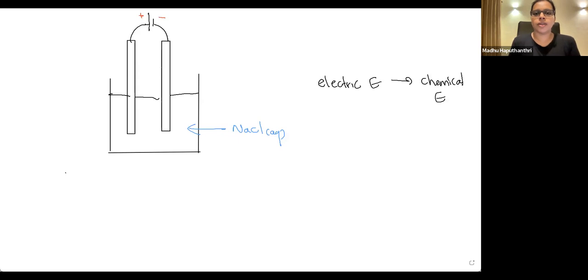Now, when it comes to chemistry, we have two types of cells: galvanic cells and electrolytic cells. In galvanic cells, we use a chemical reaction to produce current.